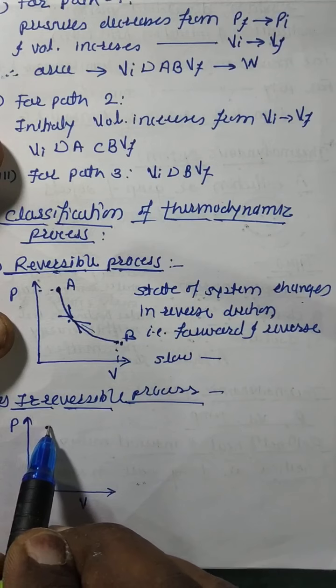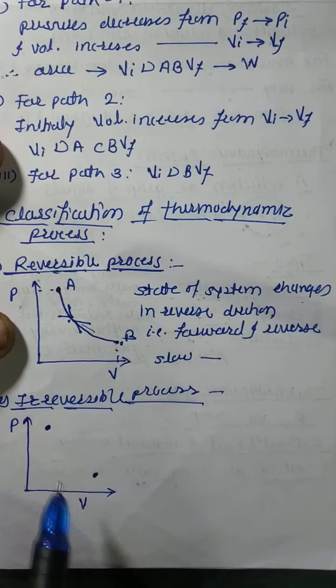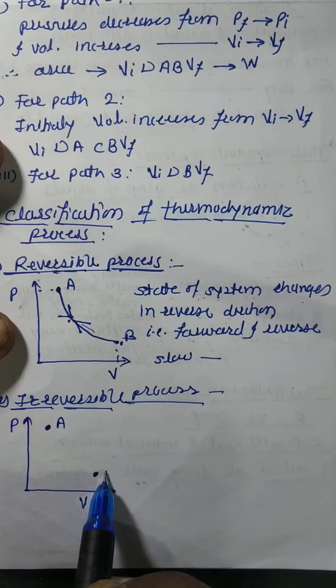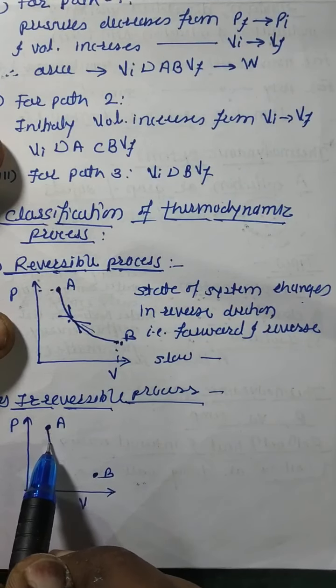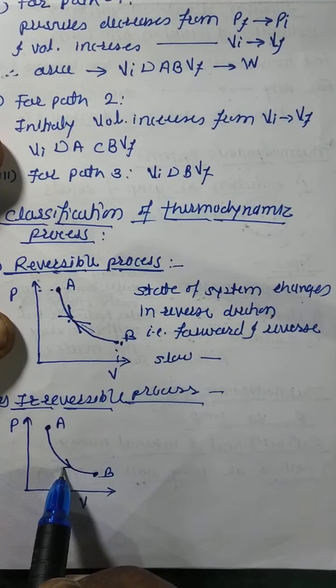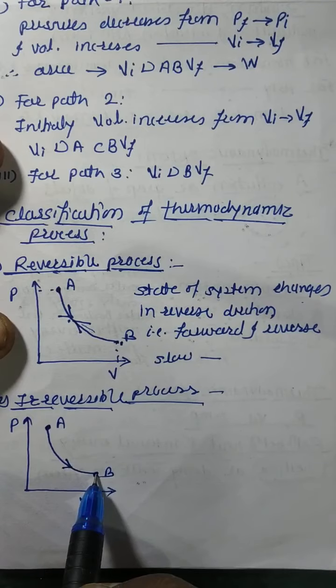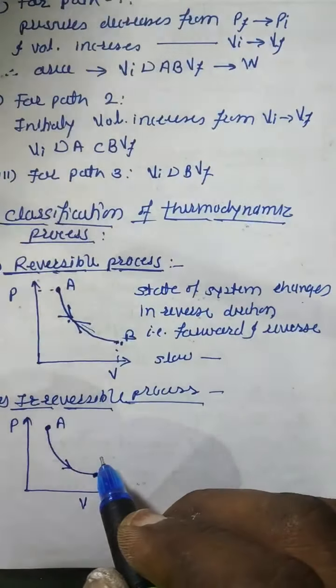Suppose this one as initial state of system, this one as final state of system. Suppose this is forward change. ज्या डायरेक्शनने फॉरवर्ड चेंज होतो त्याच डायरेक्शनने रिव्हर्स चेंज होत नाही.